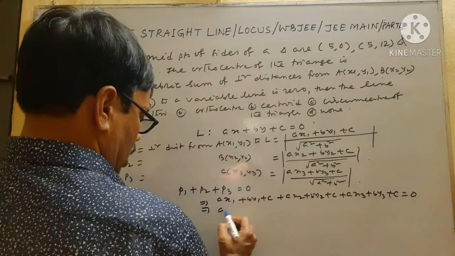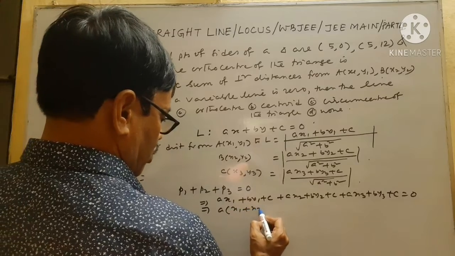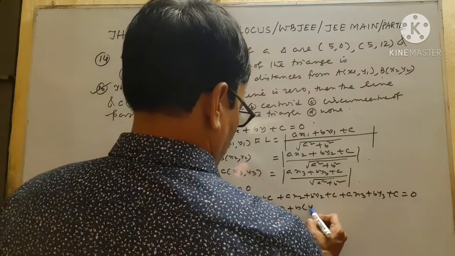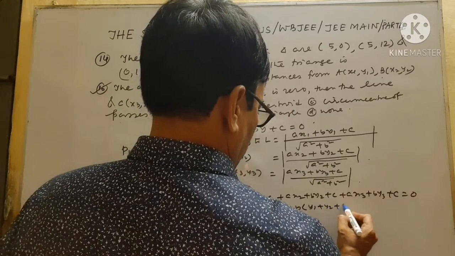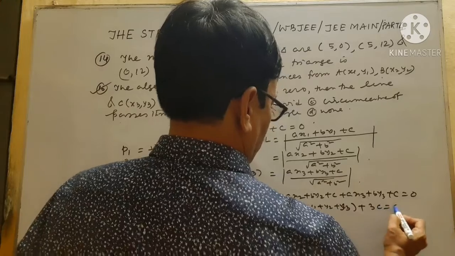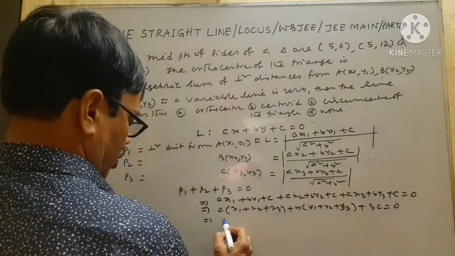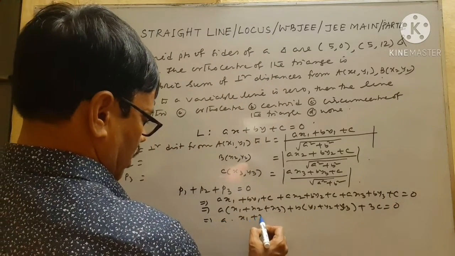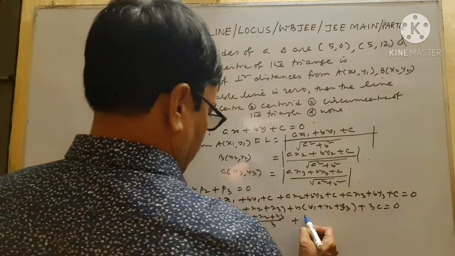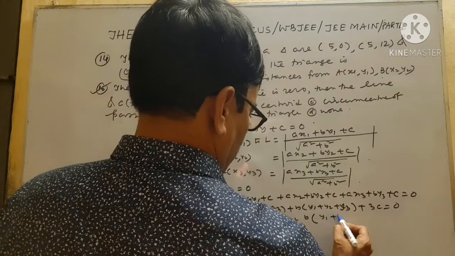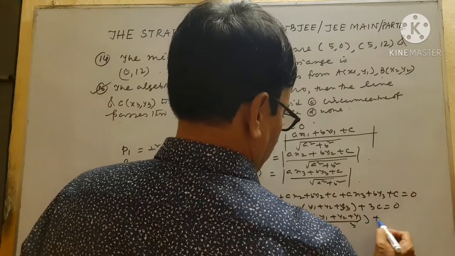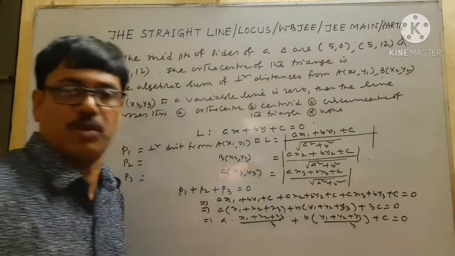Now a into (x1 plus x2 plus x3), b into (y1 plus y2 plus y3), plus 3c equals 0. Dividing by 3, a into (x1 plus x2 plus x3) by 3, plus b into (y1 plus y2 plus y3) by 3, plus c equals 0.